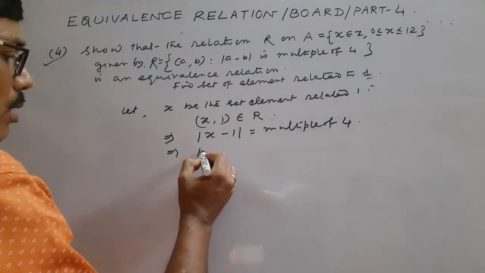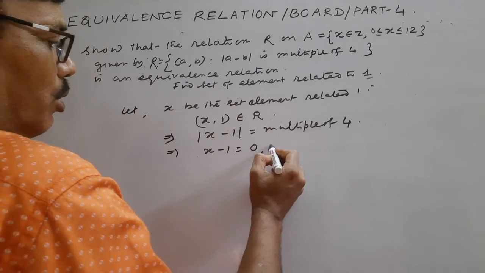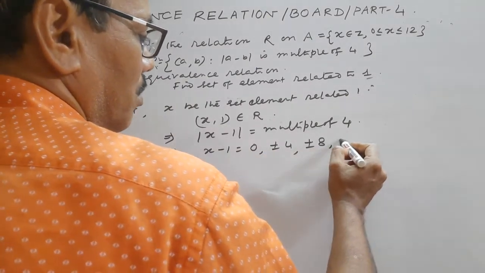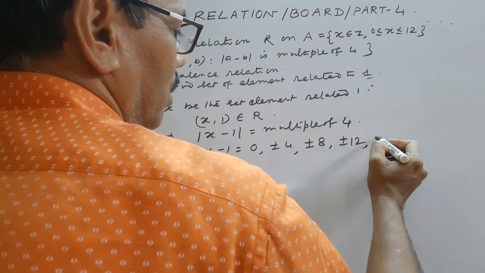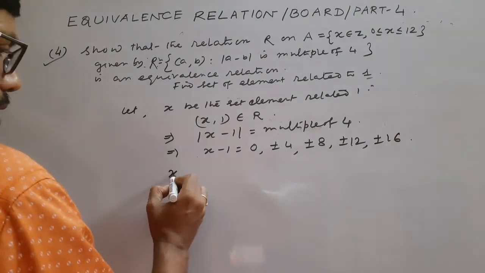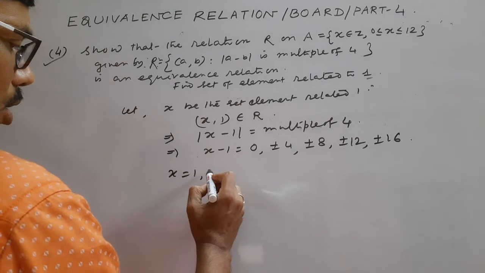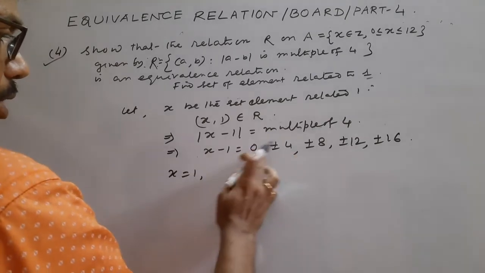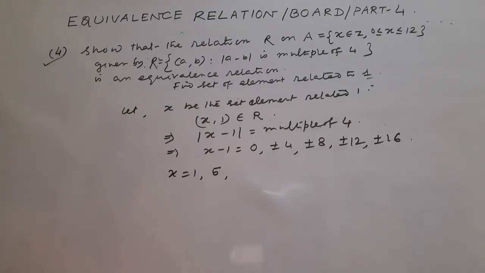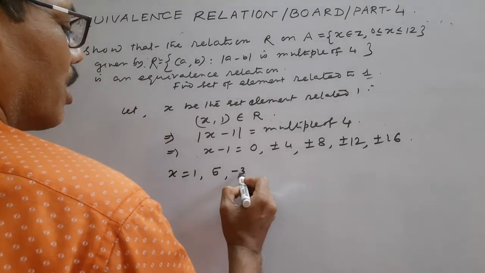So X minus 1 equals 0, plus minus 4, plus minus 8, plus minus 12, plus minus 16. If we take plus sign, X is 5; if we take minus, then minus 3.